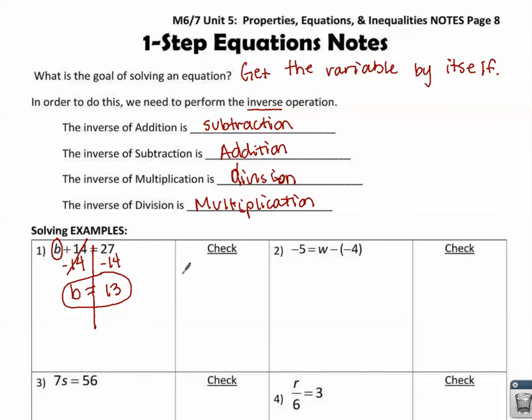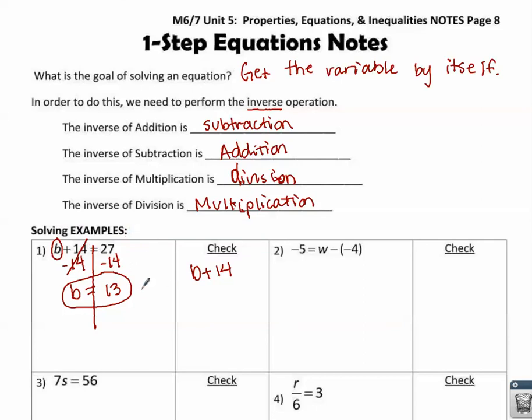Okay, there's always a way to check your answer so you can know if you're doing it right or wrong. Write the original equation, or just the left side. You can write the whole thing, it's fine.